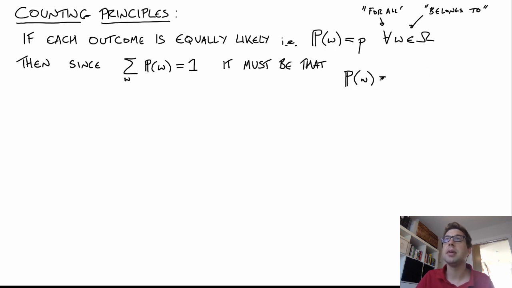It must be given by 1 over the number of elements that we're summing over. Since we're summing over each element of the sample space, and it must sum to 1, the only way we can get that to sum up to 1 and all these being equal is to have this as your probability. Okay, so in order to work out the probability of a specific outcome, we need to count the number of elements in this set.